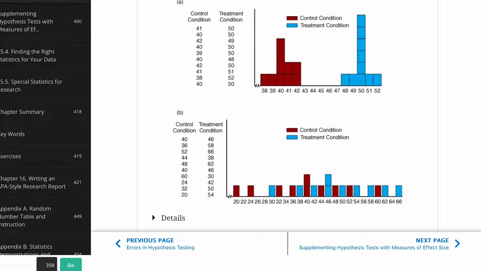There's not a lot of variance. And so you can easily see the difference between the treatment condition in blue and the control condition in red. That effect is easy to see.